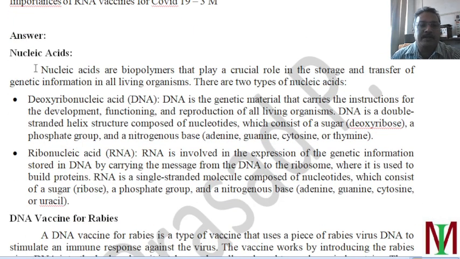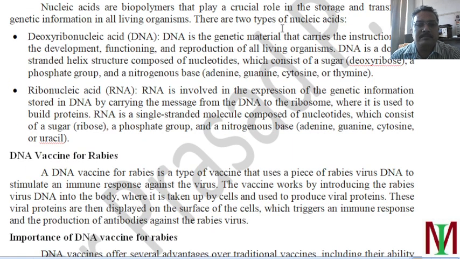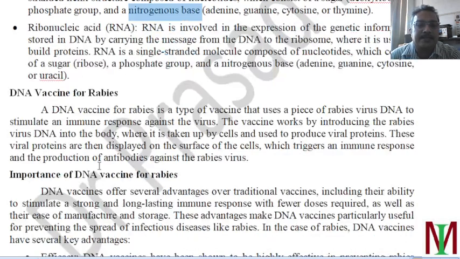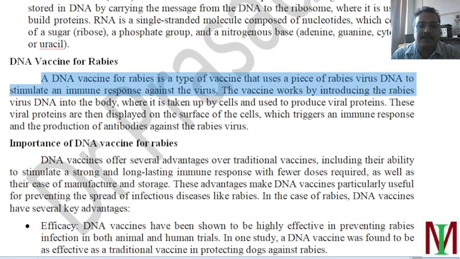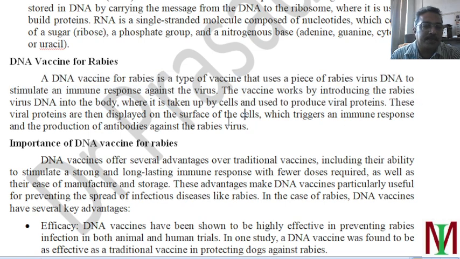The answer is also given. What are nucleic acids? Nucleic acids are biopolymers, and the types of nucleic acid are DNA as well as RNA. The main differences are the bases used, the nitrogenous bases, and based on that, one is DNA and one is RNA. DNA is double stranded, RNA is single stranded. For DNA vaccines, what is the meaning of a DNA vaccine and how it is prepared is mentioned here.